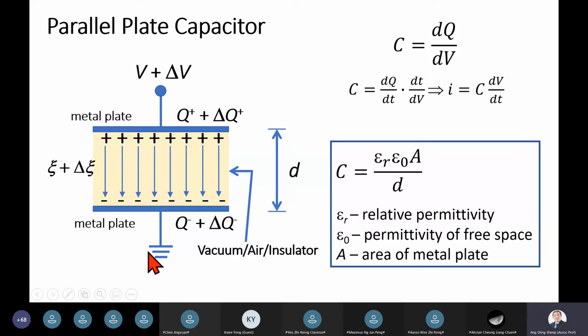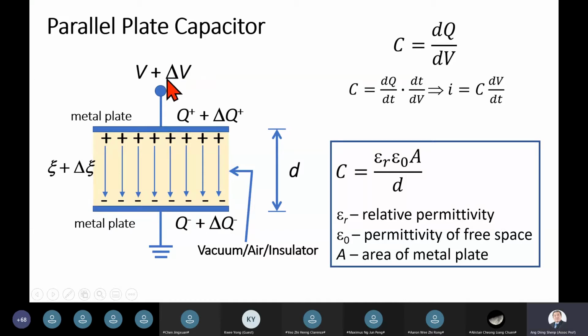Now, if you ground one plate and apply a positive voltage to the other plate, positive charges will be deposited on the upper plate, and the positive charges will induce an equal amount of negative charges on the bottom plate.